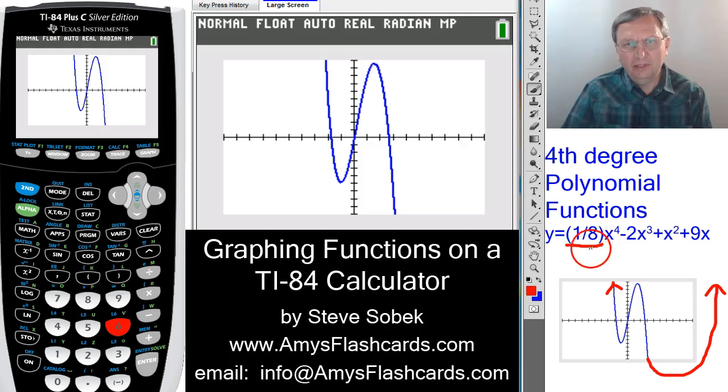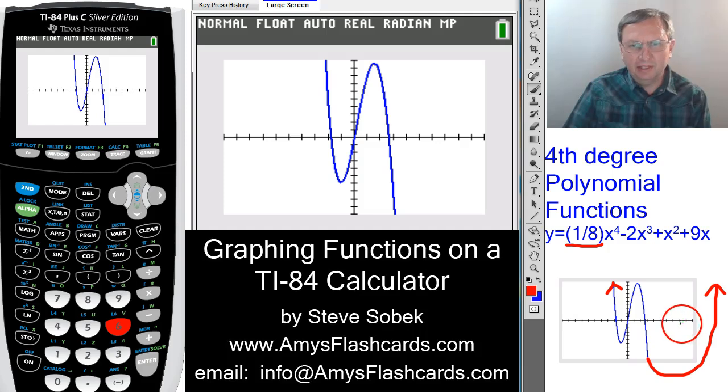If the coefficient of the term of the highest degree is positive, then we know that extreme values for x are going to be shooting upward. This is the case for this function, which means we need to decrease y min and we need to increase x maximum.